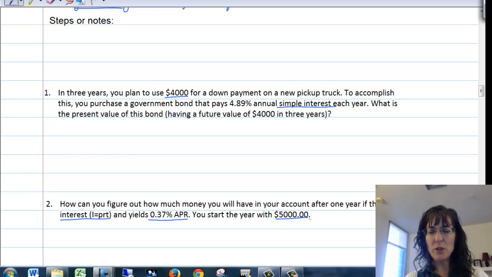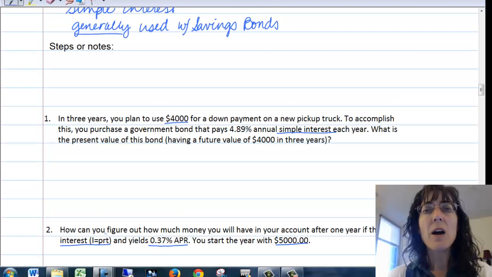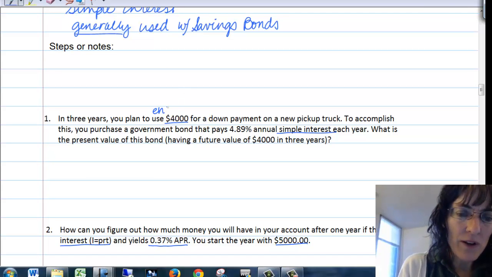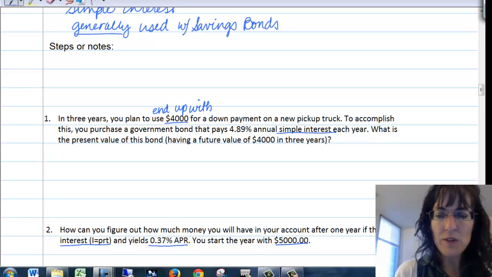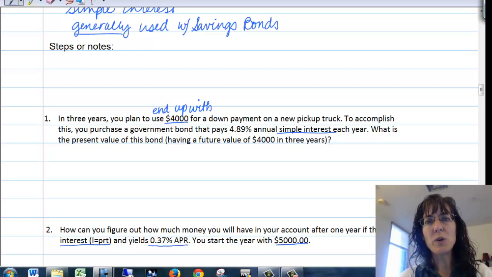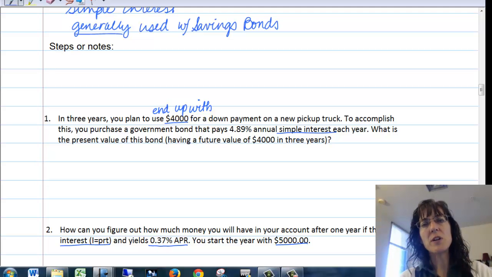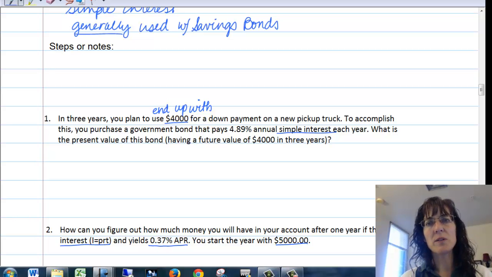So we want to know how much we have at the end of that time. Number 1 is actually telling us that we want to end up with $4,000 after we do our investment. So we're going to start with probably a slightly smaller chunk, gain some interest on it, and be able to take out $4,000 at the end of the time.